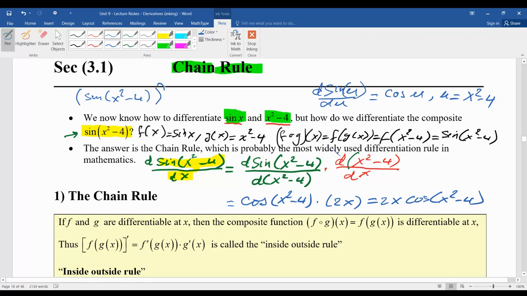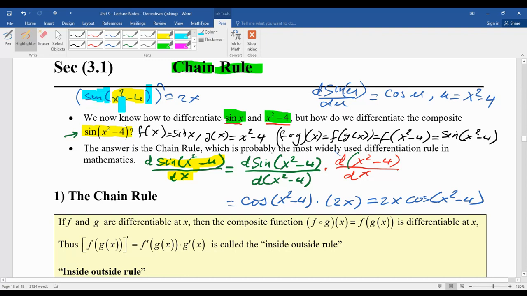So the inside function would be x squared minus 4. It means first I'm going to take the derivative of x squared minus 4, which is 2x. And the outside function would be the sine of x squared minus 4.